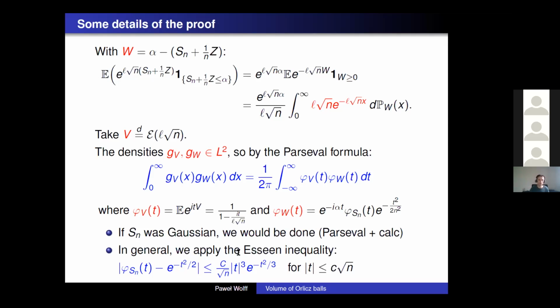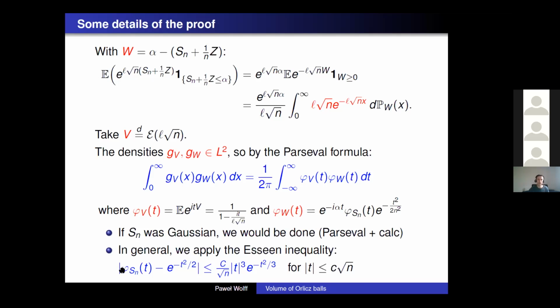But in general, Sn is only close to Gaussian. So here in this context, we also use a tool from the proof of the Berry-Esseen theorem. It's sometimes called the Esseen inequality, which is the core of quantifying the closeness of the distribution of Sn to the standard normal distribution.